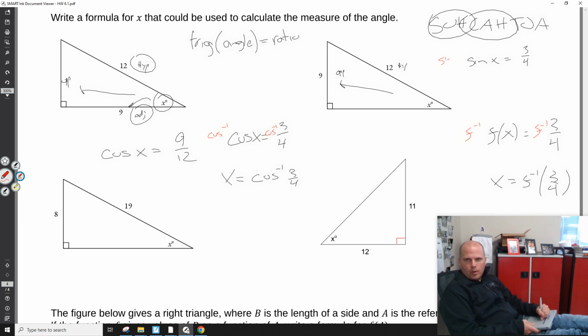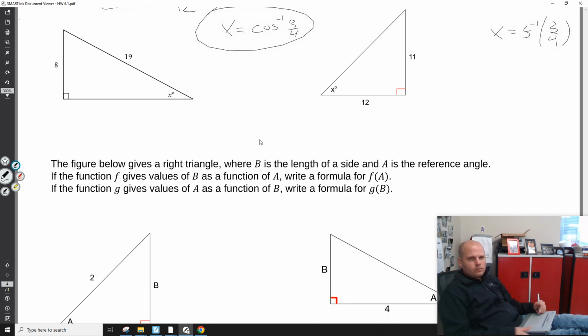And this is all we want you to do, just be comfortable with the existence of these inverse functions that can be used to find angle measurements if they're unknown. Okay? Same here, this is a sine because it's opposite and hypotenuse given. Can't simplify that, use sine inverse to solve for x.